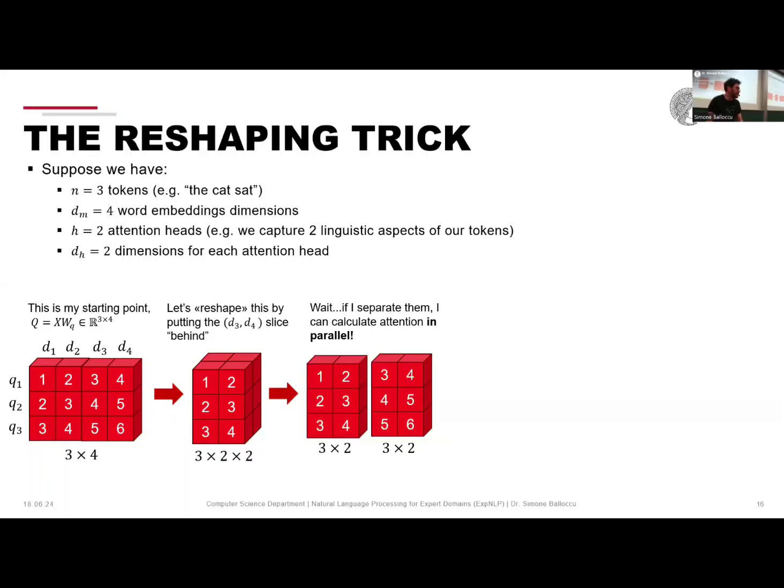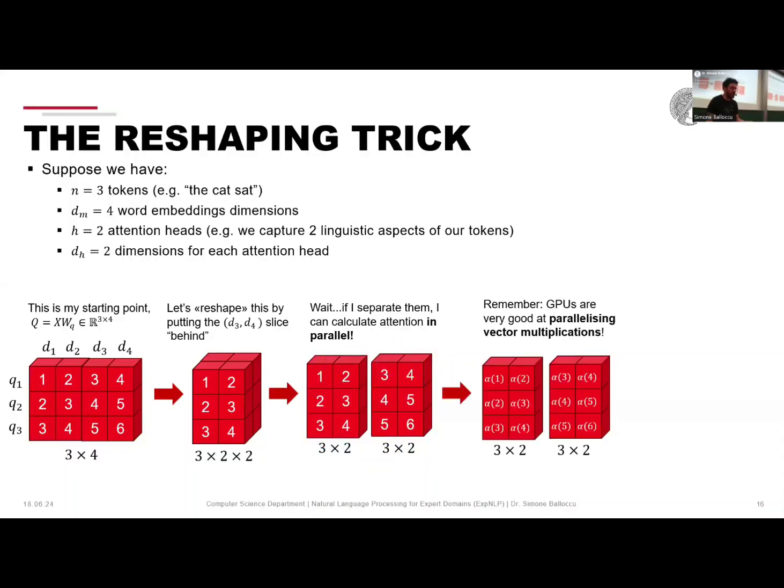But wait, now that I have these 2 slices, I can actually calculate the attention in parallel. I can calculate a different softmax for this and a different softmax for this, because it's still 3 tokens, so I can model different things. Remember, GPUs are very good at parallelizing, so I can allocate these and do it in parallel.